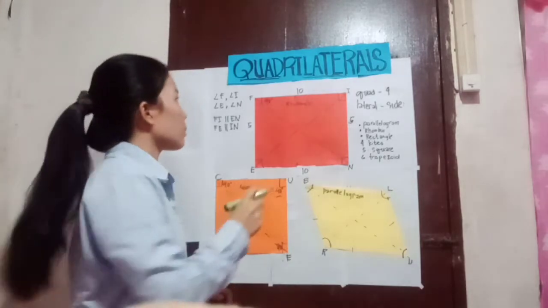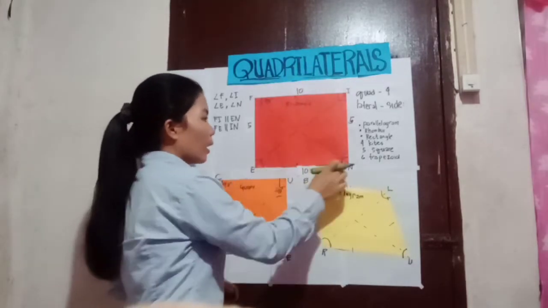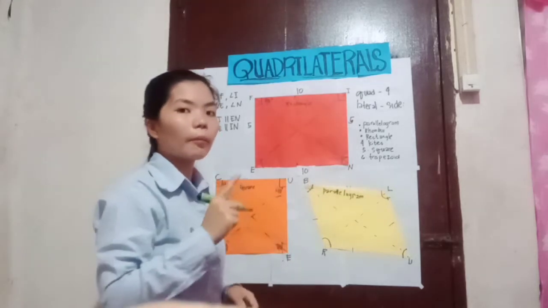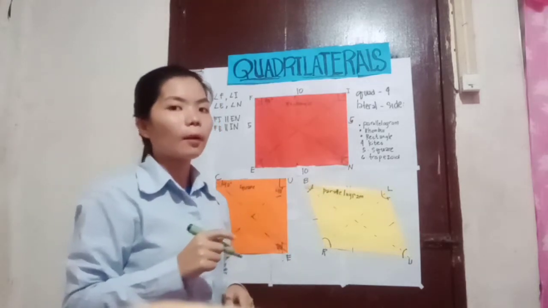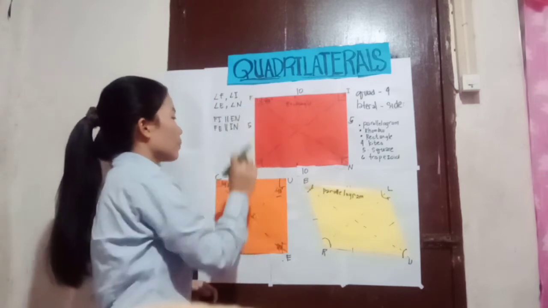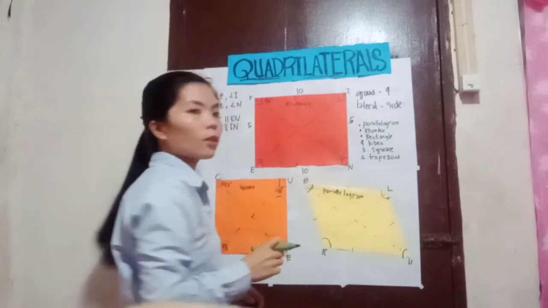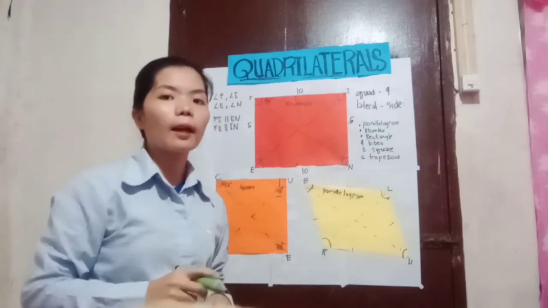So the lengths of side FI and side EN are the same because they are parallel. And also if side FE is 5, side IN is 5 because they are parallel.